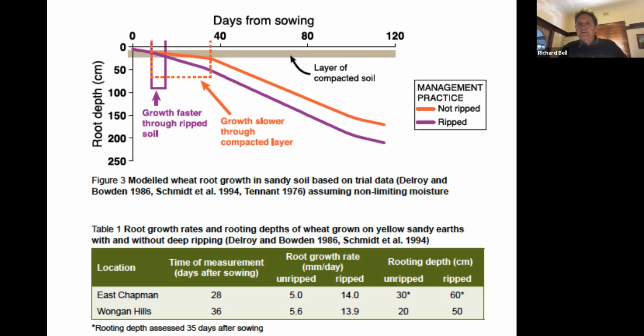And we know 1 millimetre extra rainfall from the subsoil late in the season could be worth 40 or 50 kilograms extra grain per hectare. So a few extra millimetres of rainfall has a really noticeable effect on the bottom line.